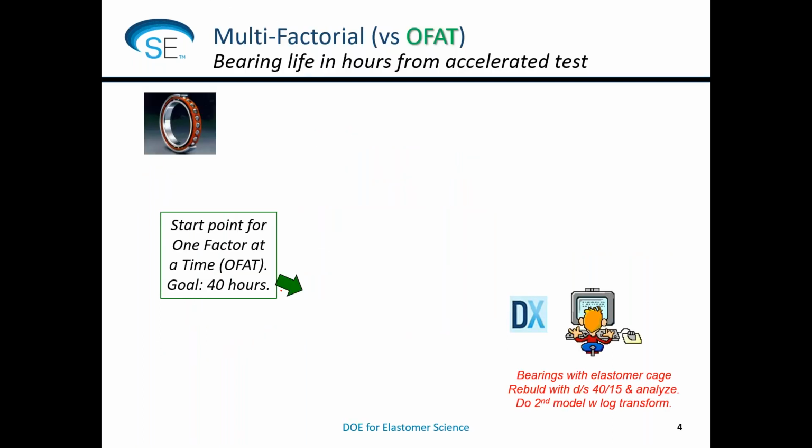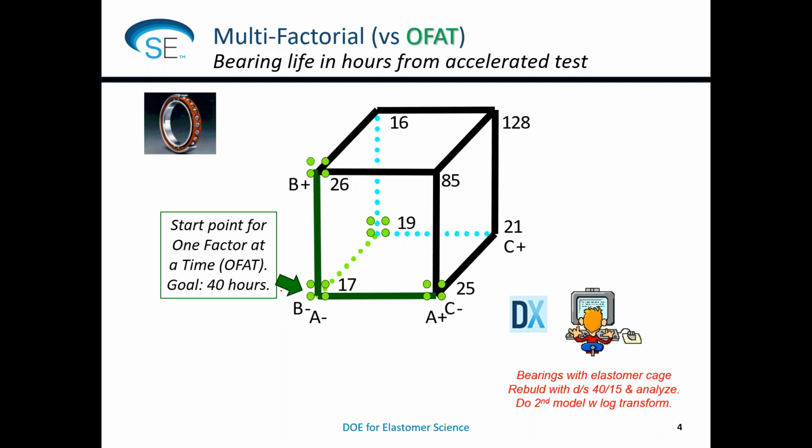Let's start with an opener here, which is a very famous case that was presented by George Box in Quality Magazine, and it involves the application of multi-factor approach versus the OFAT to improve the bearing life, which is shown here from a company called SKF, which is based in Sweden.